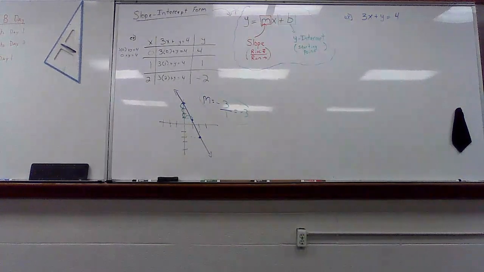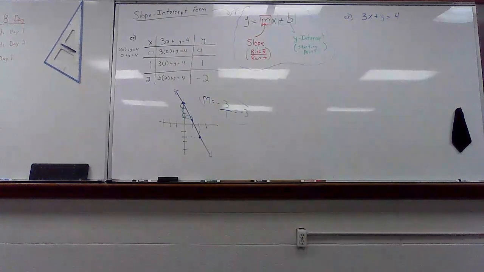Is this in slope-intercept form? You can easily check by saying, does it have y by itself? Sammy, is y all alone on that side? Is there anything on the same side as y? Yeah, so it's not by itself.